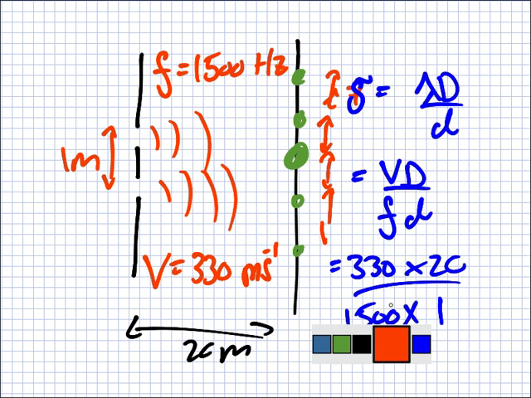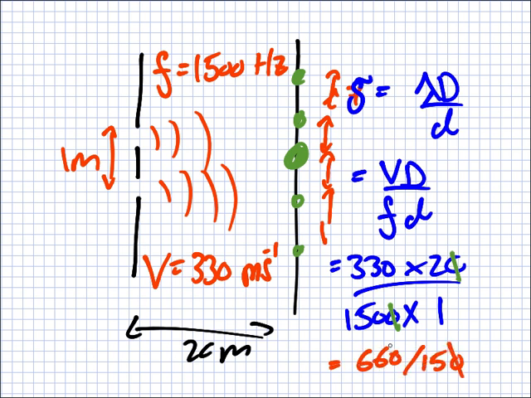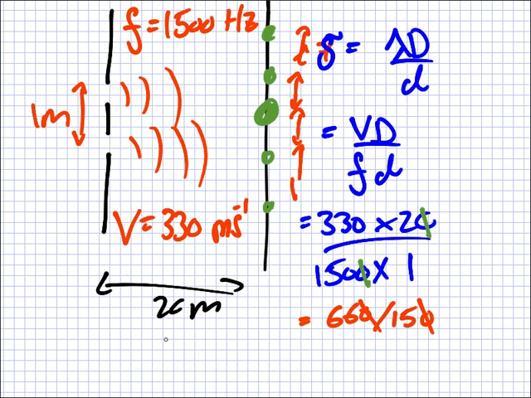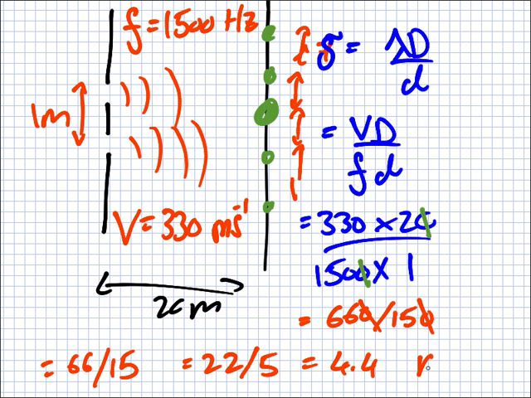Cancel. 660 over 150. Cancel. 66 over 15, which is 22 over 5, which is 4.4 meters. Easy peasy? Yes.